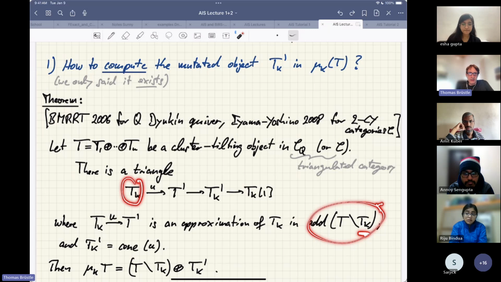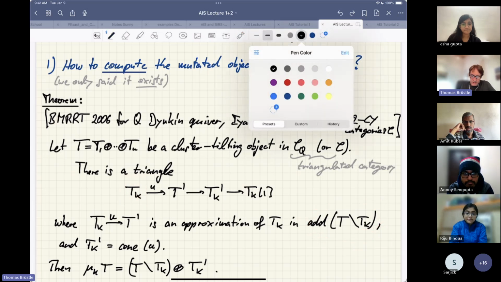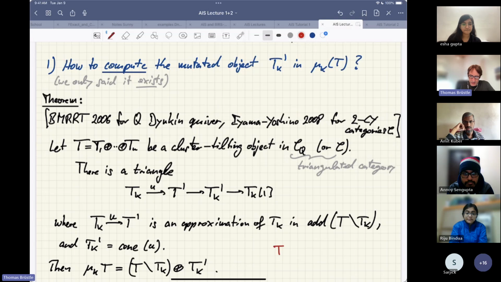What we do then is, in general, when you have some object Tk in some category, and you have some subcategory add of T minus Tk, and Tk does not necessarily belong to this, so there's a subcategory which is kind of somewhere else.